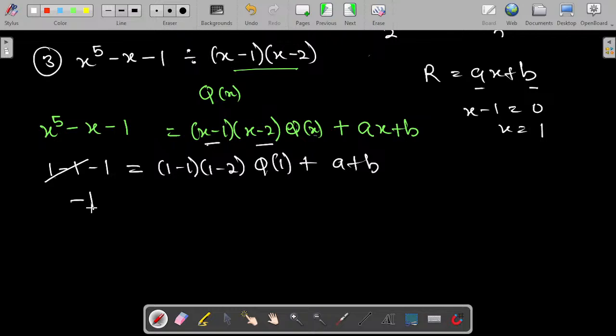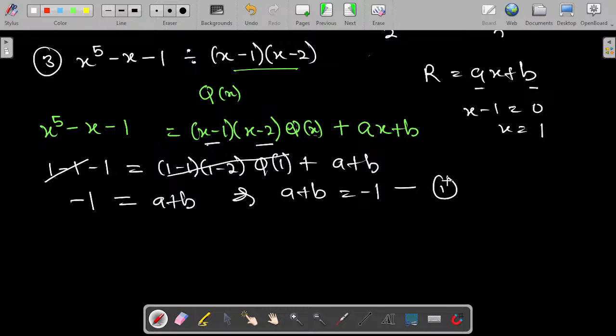You get only minus 1 equal to... 1 minus 1 is 0. So this 0 will cancel out the whole of this, because anything multiplied by 0 is 0. So you will only have a plus b left. That gives us a plus b equal to minus 1. I just interchanged it, and you call it equation 1.